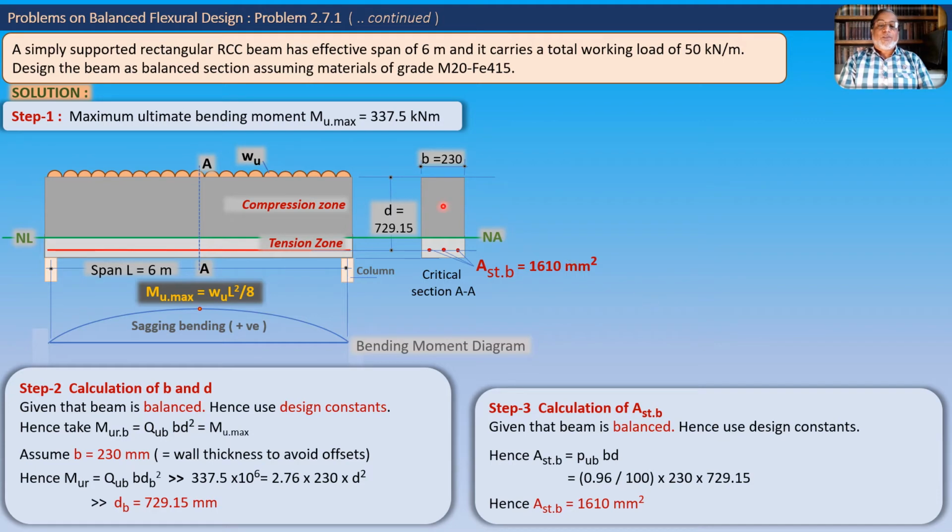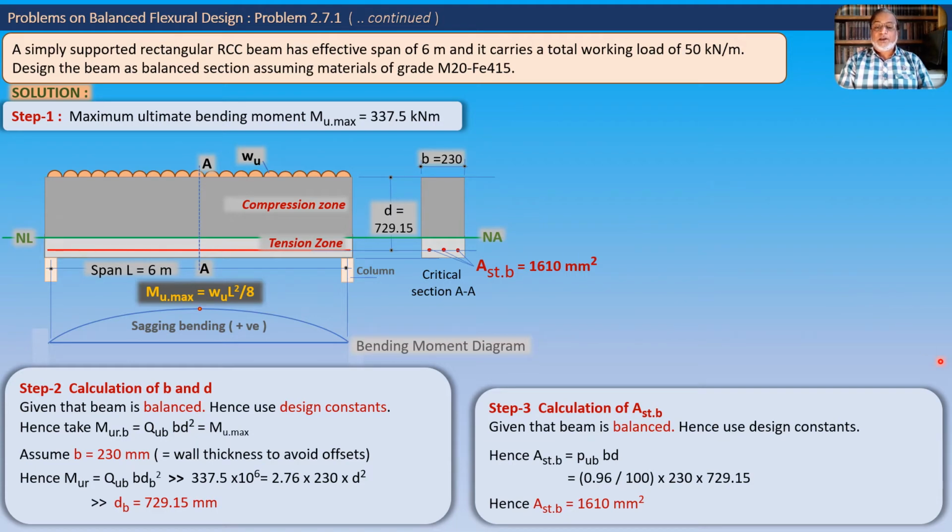So now here we see the section with its dimensions as well as the area of steel, and this is a balanced section. So we get this balanced beam design for the complete data that was given to us.